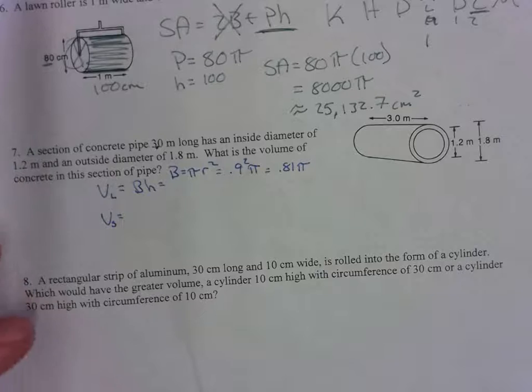The radius is half of the diameter, so half of 1.8 is 0.9 because it's decimal. What is 9 squared? 81, but it's decimal, so it's 0.81. So your area of the large circle is 0.81 pi.